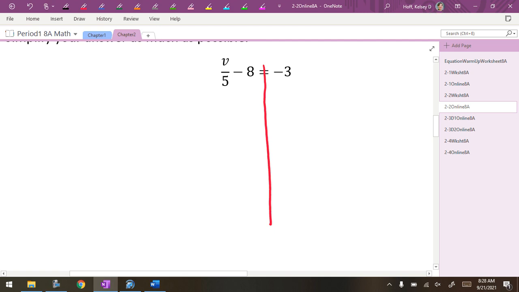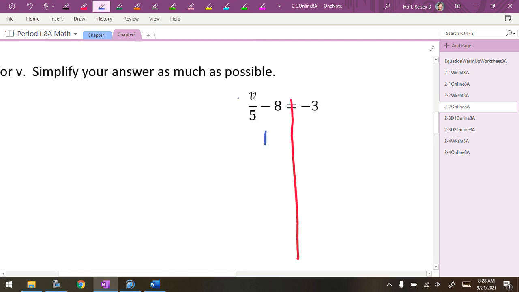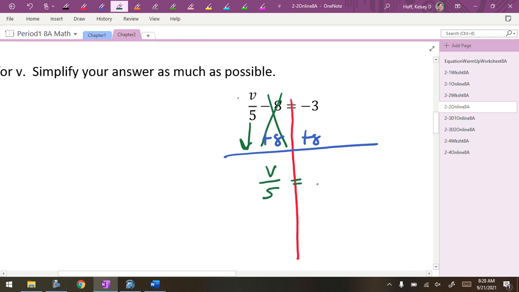So I go and I draw the line. I cover this up. Tegan, what do you want me to do? Very good. I'm going to add 8 to both sides. Everybody focus in. So my 8's are going to cancel. Now drag down exactly what you see here: a v, a fraction bar, and a 5.